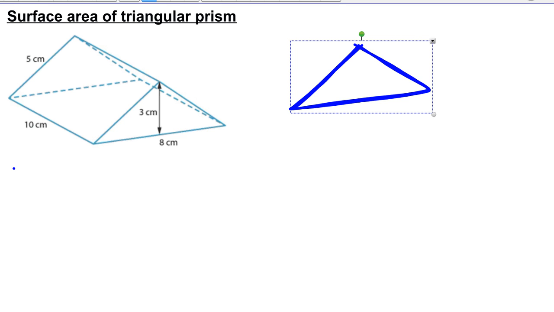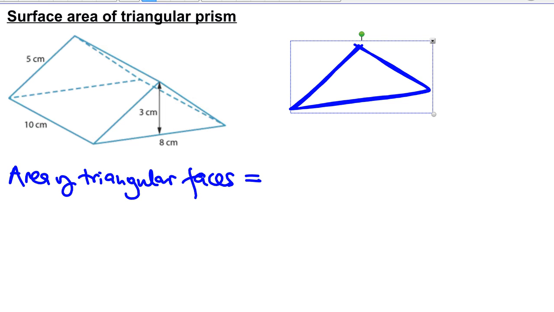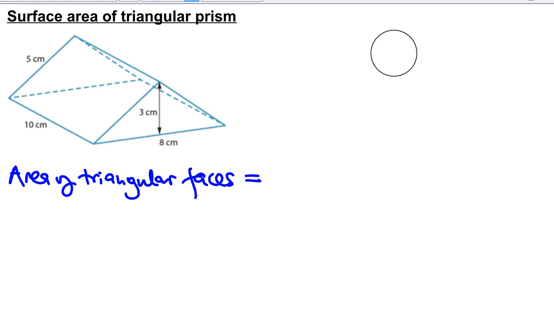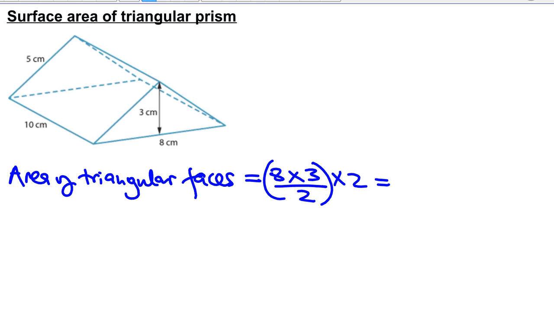So area of triangular faces will be equal to, we don't need this anymore. The base is 8, the height is 3, divide by 2, but now we multiply by 2 because we have two identical triangles, and that will be equal to 24 centimeters squared.